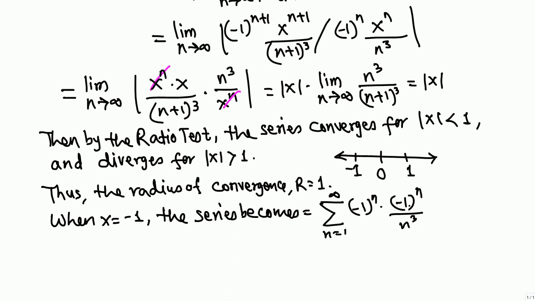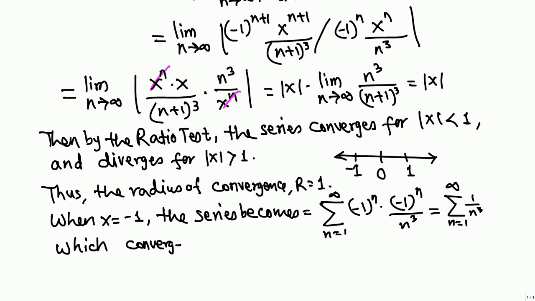We can multiply these two because they have the same exponent, so negative times negative is positive 1 to the n, which is just 1. So this series is in fact the sum of 1 over n cubed, n from 1 through infinity. This is a p-series with p equals 3, bigger than 1.